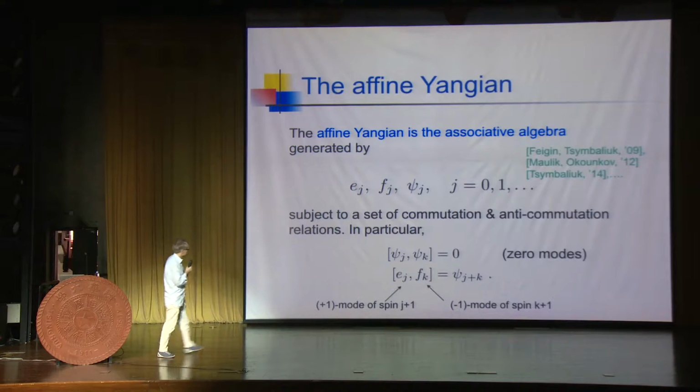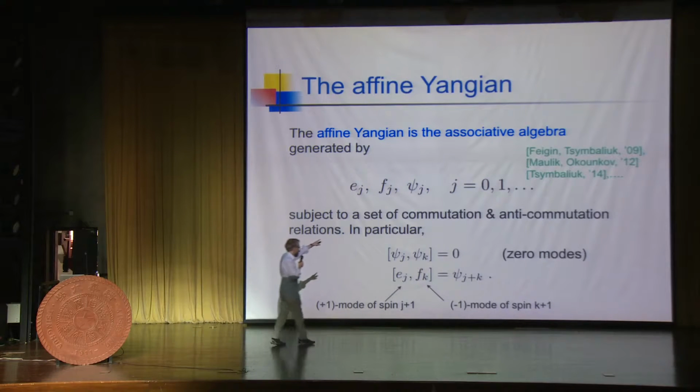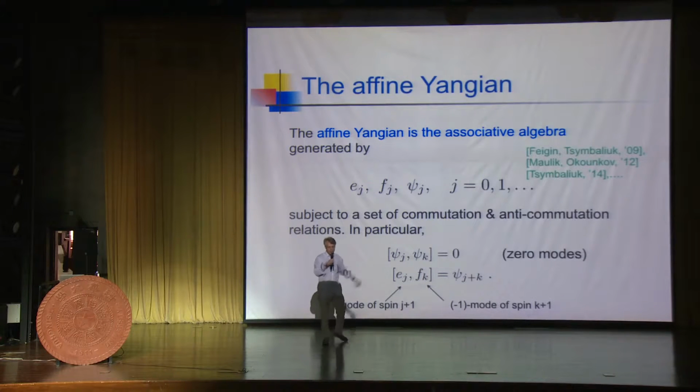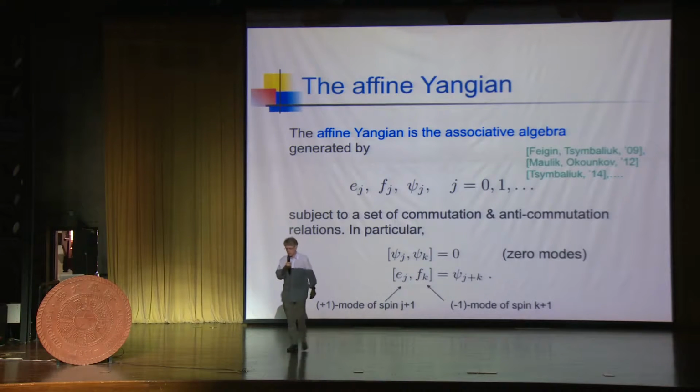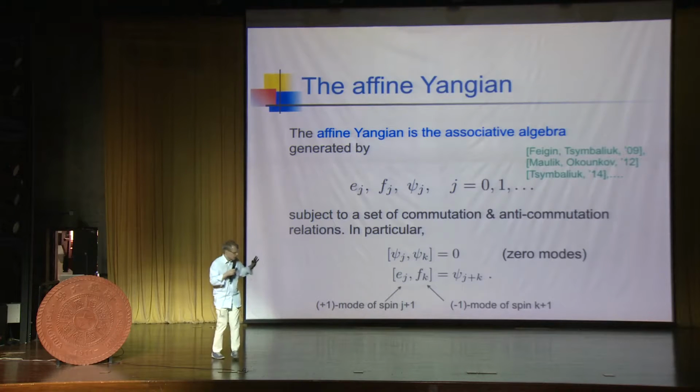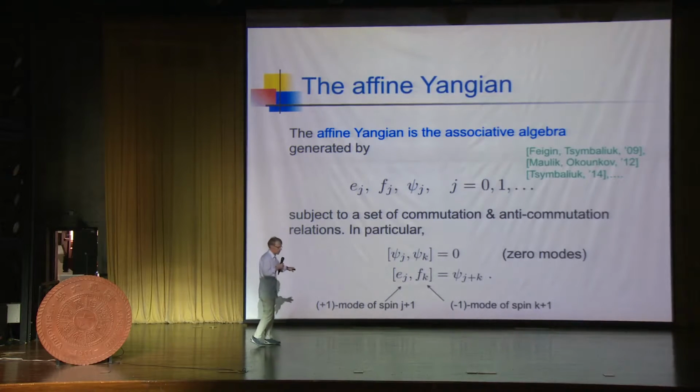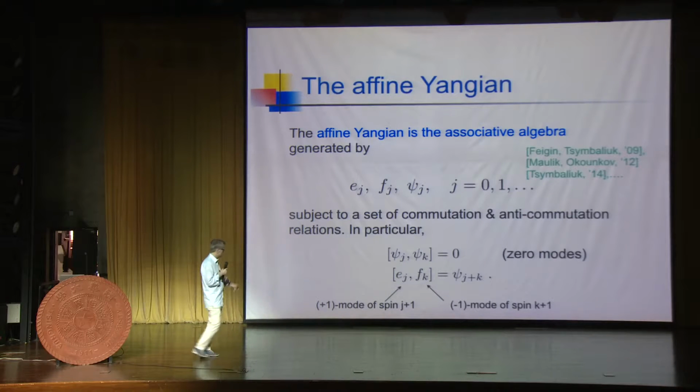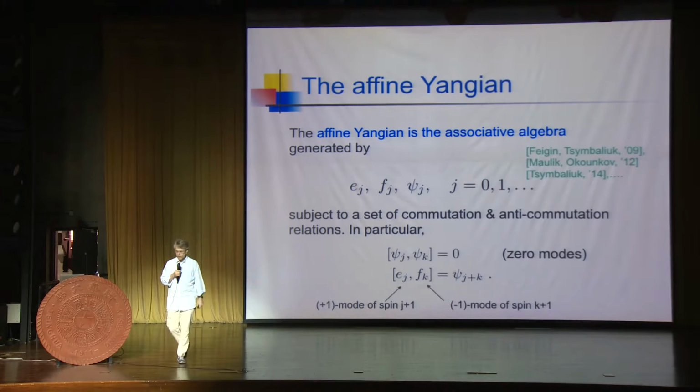So the first thing you should note is that the psi_j's you should think of as being zero modes. They're the Cartan generators of this Yangian algebra because their commutator is equal to 0. And then the e_j mode and the f_k mode you should think of, though this is not to be understood totally strictly, as being the plus and minus 1 mode of a spin j plus 1 or spin k plus 1 field.